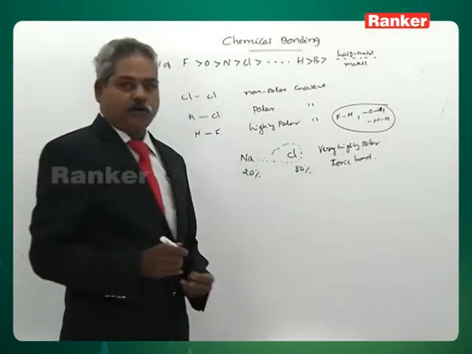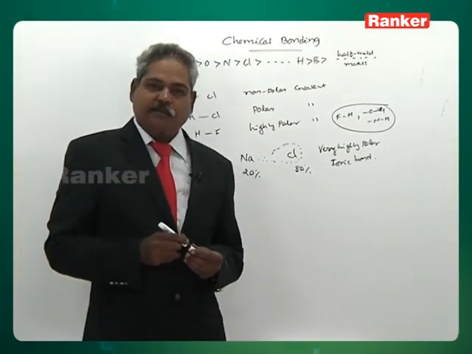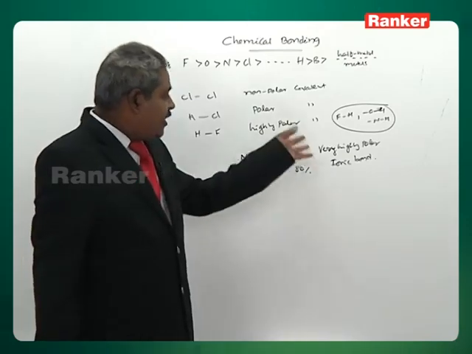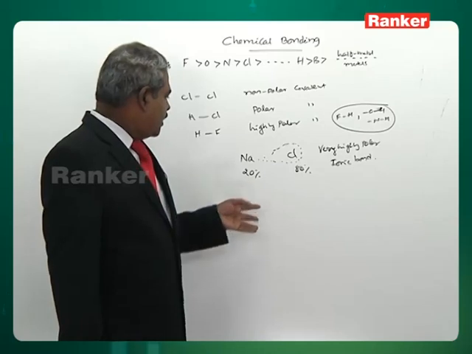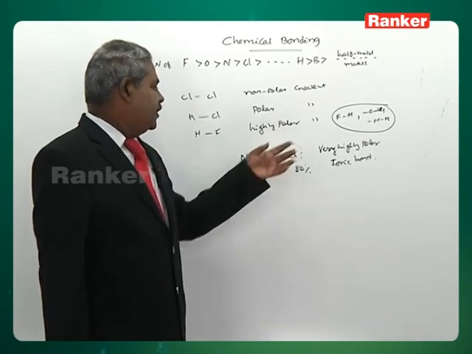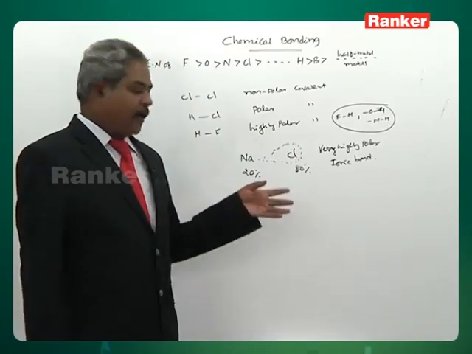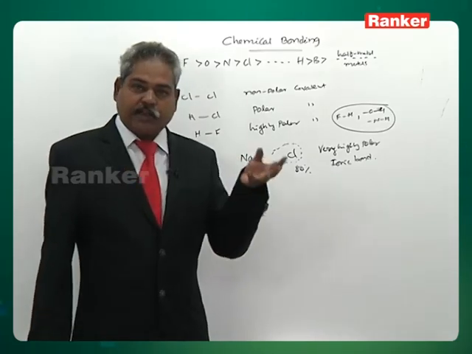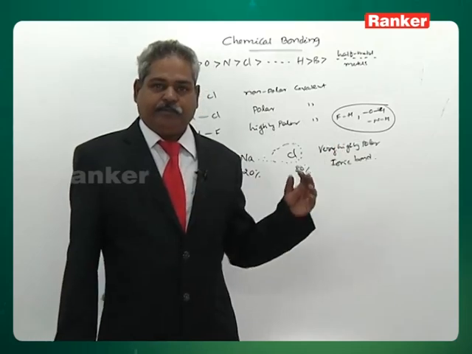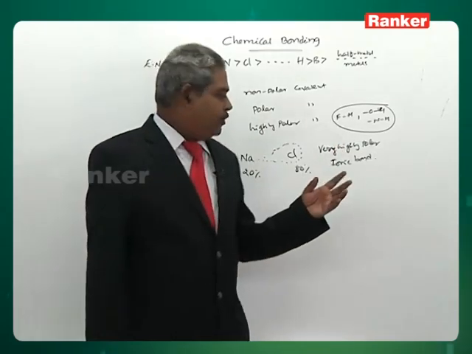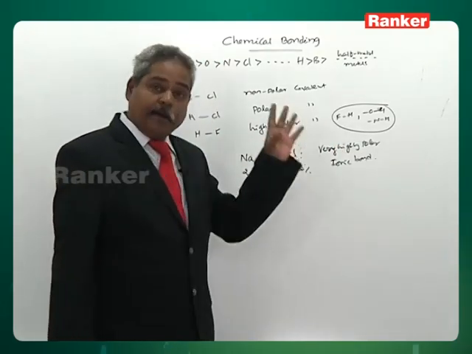So, after all said and done, an ionic bond is nothing but a very highly polar covalent bond, where we assume that the electron is permanently transferred to chlorine, and the electron is a negative charge. It is not possible to transfer charge completely. However much you try, you may not be able to transfer the electron completely.